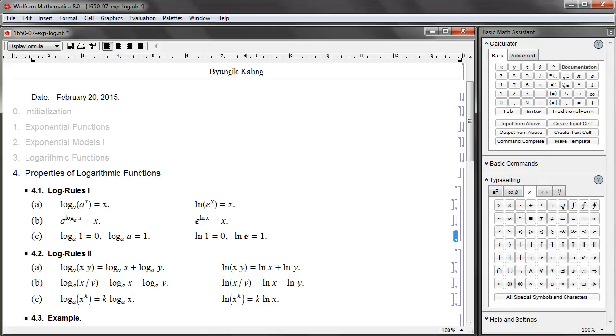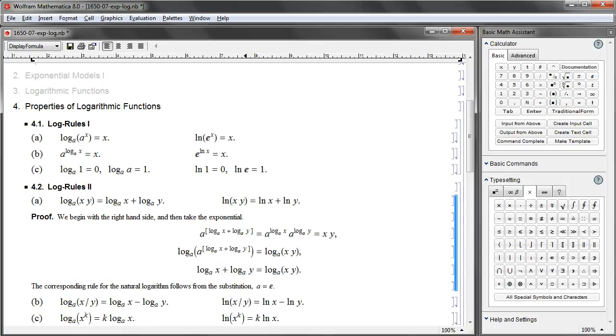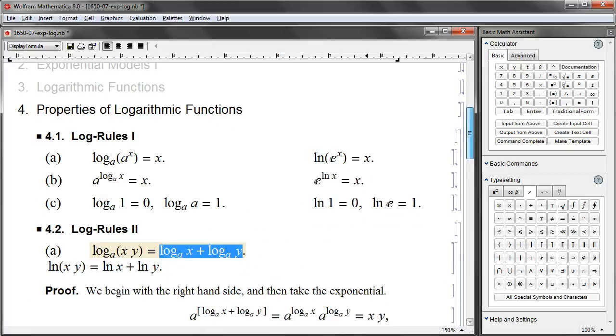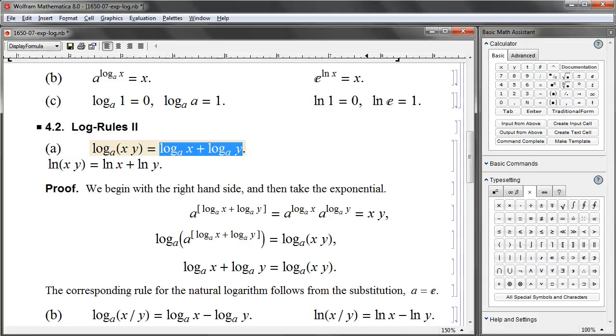Now let's use those to prove the log rules. How do we do that? Let's start from the right hand side. Log base a of x plus log base a of y, and then let's take the exponential. Let's increase the font so that you can read this a little bit better, and then take a to that.